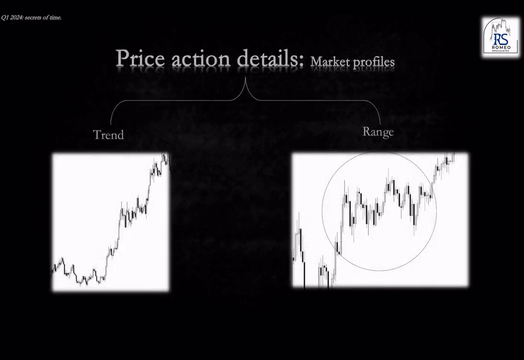Market profiles, an important topic. The market makers, they don't move price in vertical lines, right? That's not wise. It's not possible, first of all, due to the amounts traded.